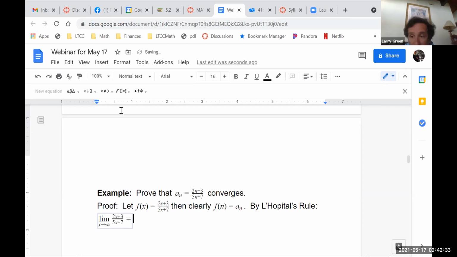Notice you get infinity over infinity. That means we can use L'Hopital's rule. It is equal to the limit as x goes to infinity, and now I can take the derivative of the top and the bottom, and that's 2 over 5. But that is 2/5. There's no x's, it's just the number.